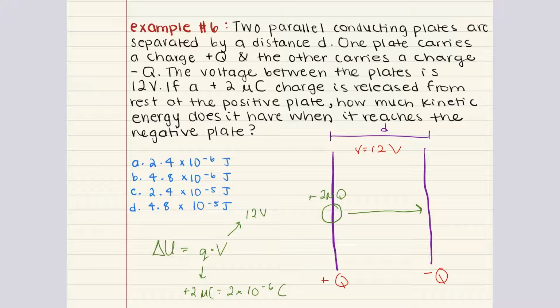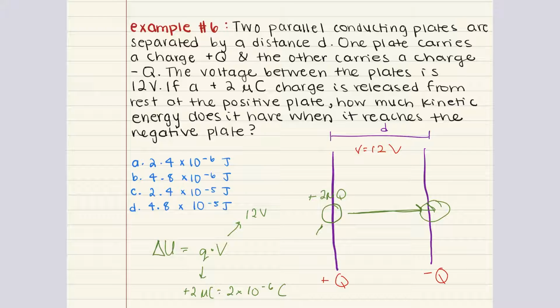Now, as the charge is released from rest, all of that initial potential energy is converted into kinetic energy by the time it reaches the negatively charged plate. This is because the charge is attracted to that negatively charged plate, and it accelerates as it moves across the electric field.